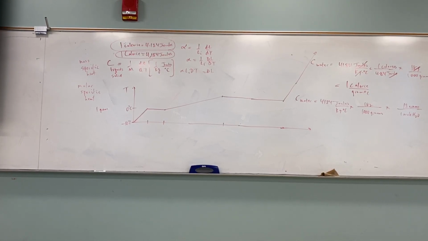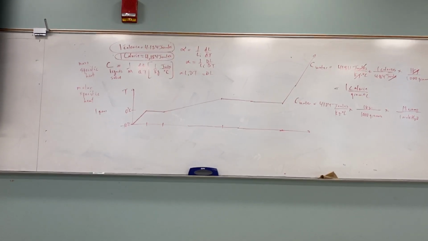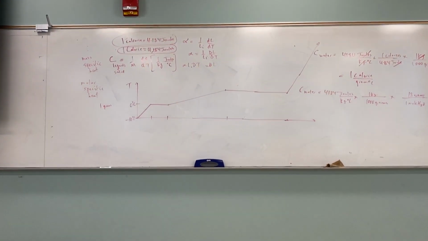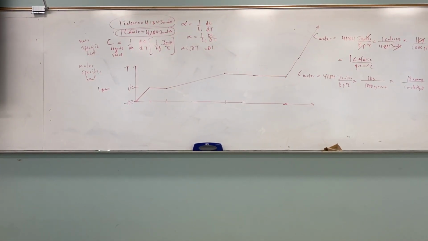Okay, so now what is the heat of vaporization of water and fusion of water? This one is not just a lecture. This is a pretty good graph. Oh, I think this is a little more accurate. You see how the slope of this, they made it less than this one? That's pretty good.